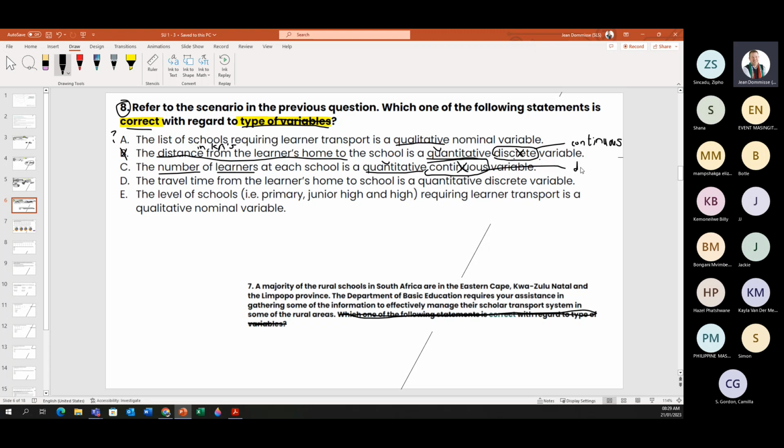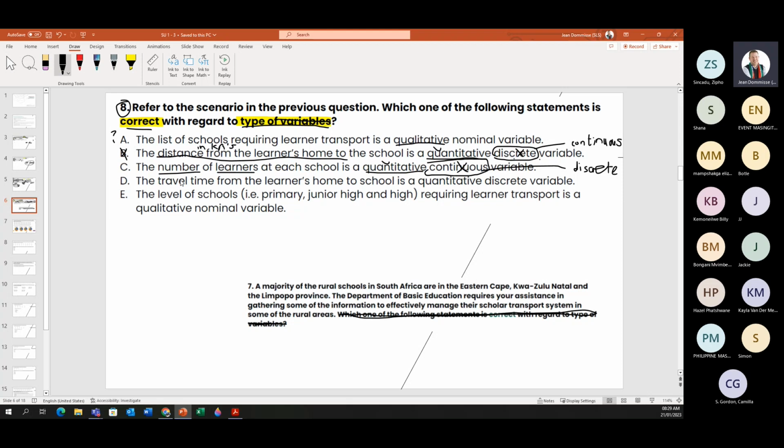It's discrete, because you can't get a number of learners that is continuous, because you don't have half a learner, or 0.25 of a learner, or 0.3333 of a learner. You only have a discrete number of learners.